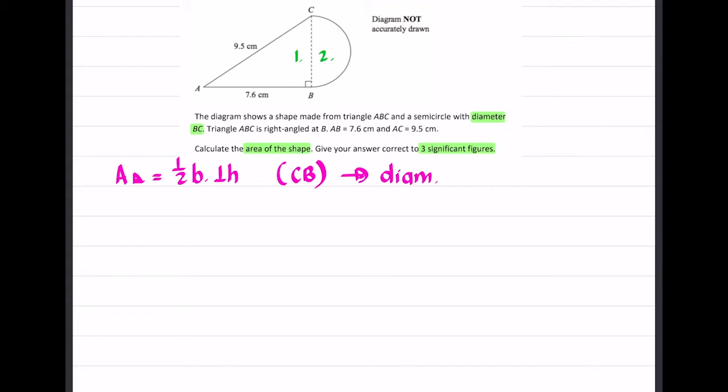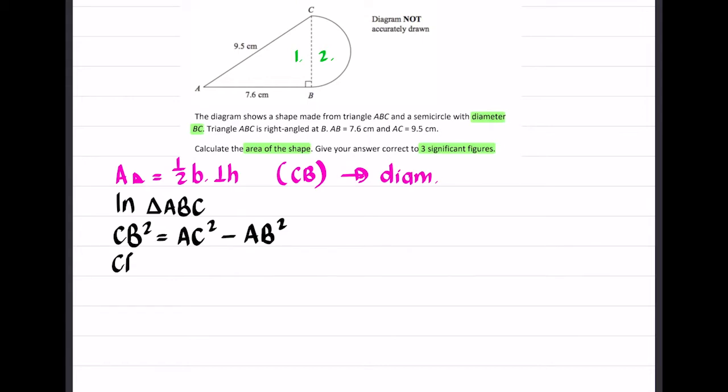So we're going to use Pythagoras, and it's one of the shorter sides. So in triangle ABC, I'm looking for the shorter side, so I'm looking for CB squared. So that will equal the hypotenuse, which is AC squared, minus the other short side, which is AB squared.